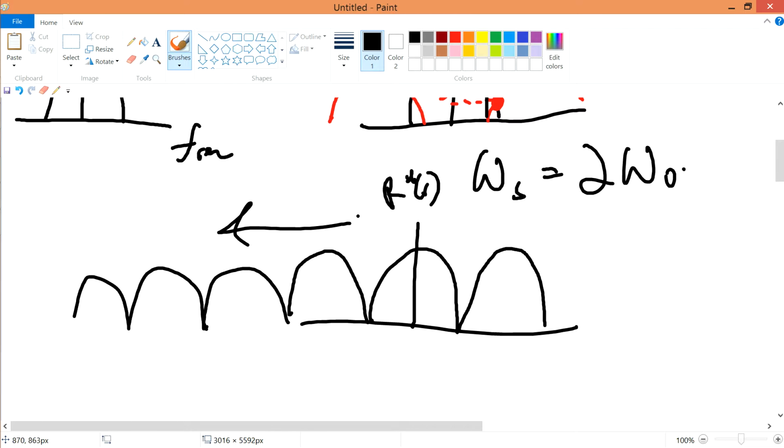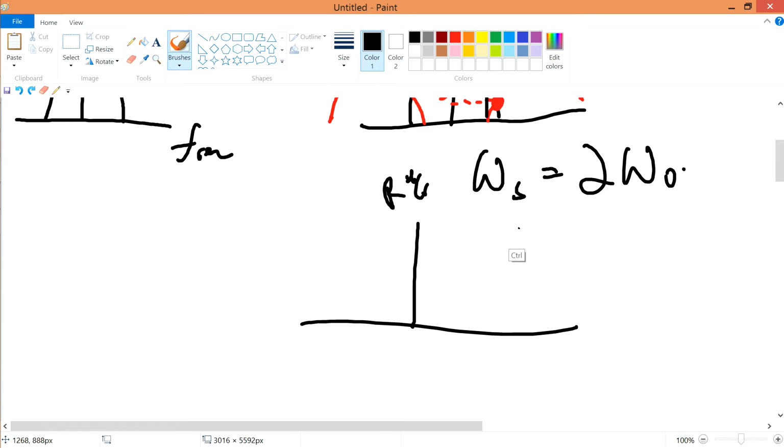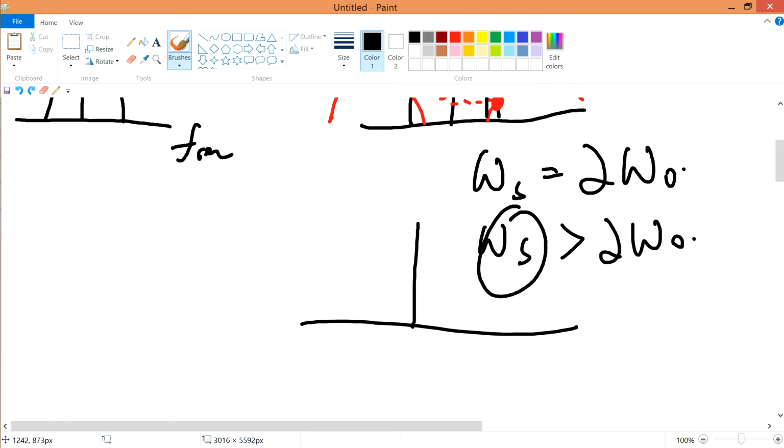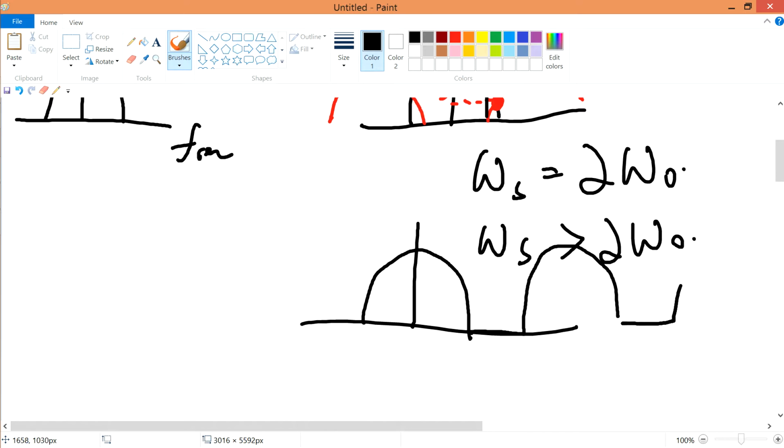Very nice. However, if omega s is larger than 2 omega naught, if you have a sampling frequency that is way larger than your original frequency, what you have is something like this, and then all the way.